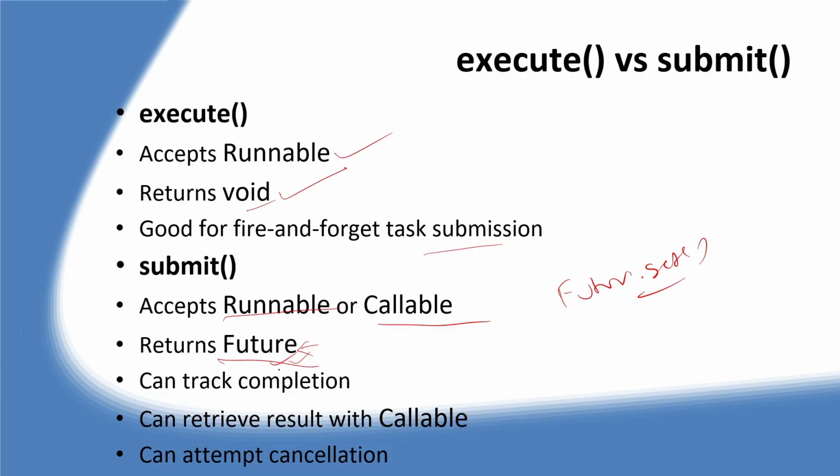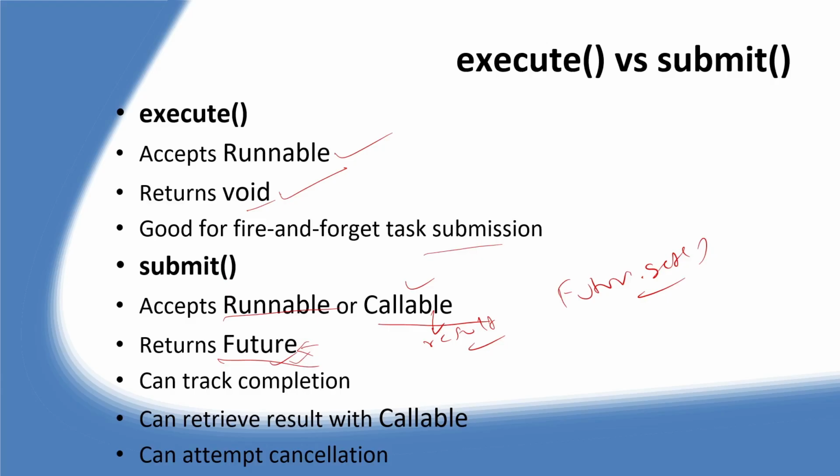That Future allows us to track the task and, for Callable, retrieve a result. If you want to get a result, use Callable. A simple memory trick: execute means submit work without a returned future, and submit means submit work and receive a future. But there is another behavioral difference involving exceptions.